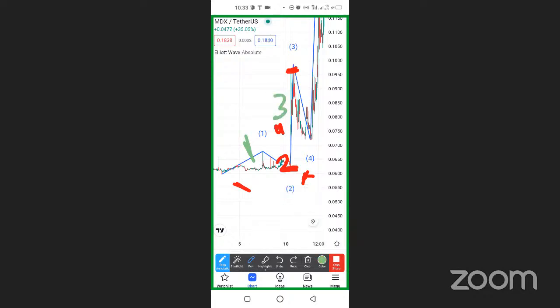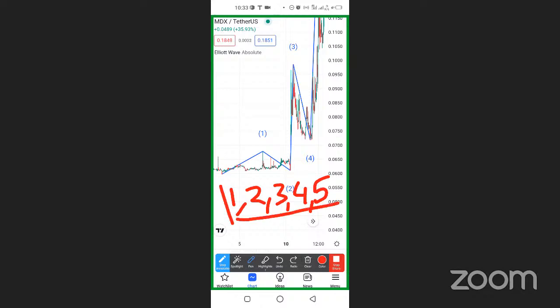Then from that red corner to here, it is four. And from this red corner to the other upper part is five. So the motive ones are 1, 2, 3, 4, and 5. These are the motive ones in the main waves.